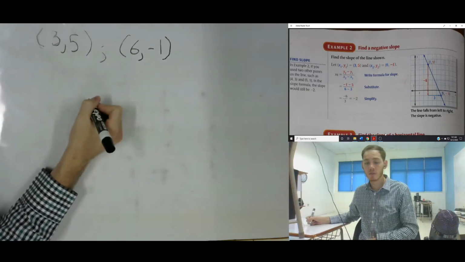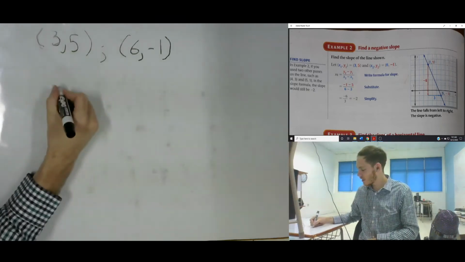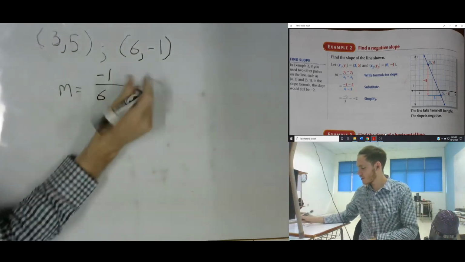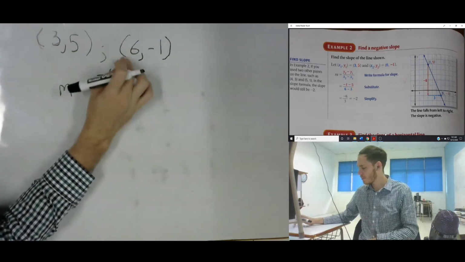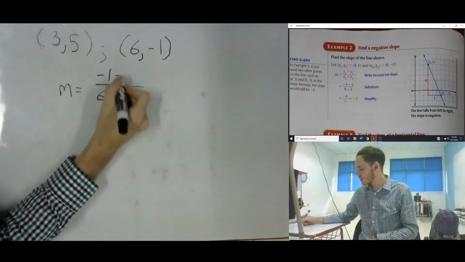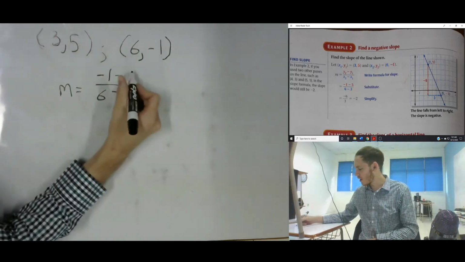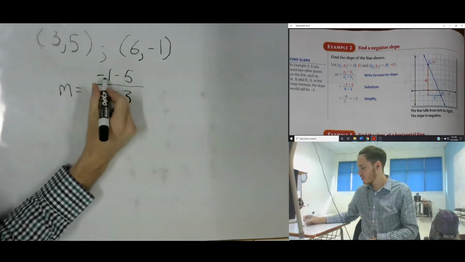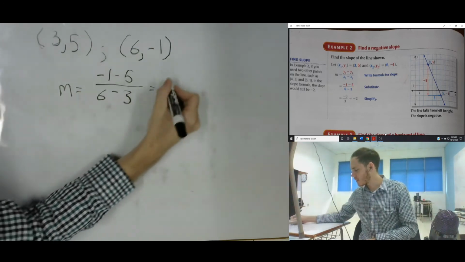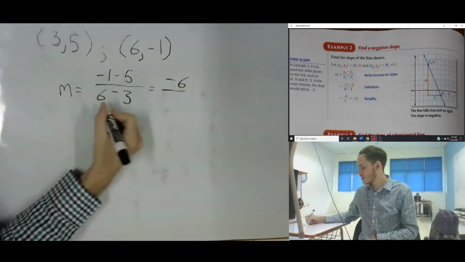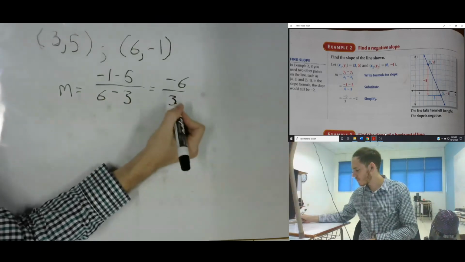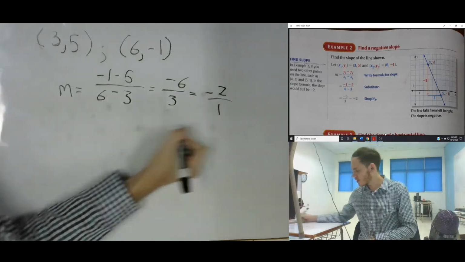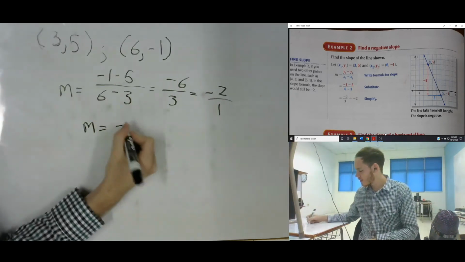Plugging this in, m equals, we plug in the second point, y on top, x on bottom. Then we subtract the y from the first and the x from the first. So negative 1 minus 5 is negative 6, and 6 minus 3 is 3. Simplifying, this becomes negative 2 over 1, which as we know is negative 2.